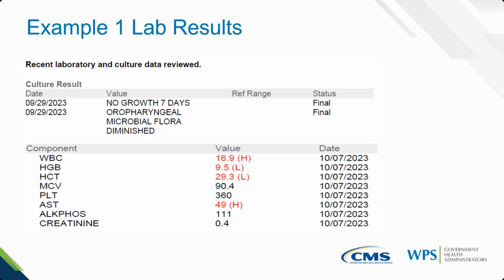You'll notice also on here that we have several different lab tests that have been ordered, and we have the results of those. You can see their white blood count is listed as high, the hemoglobin is low, etc. The practitioner has documented in their medical record that they have reviewed the results.